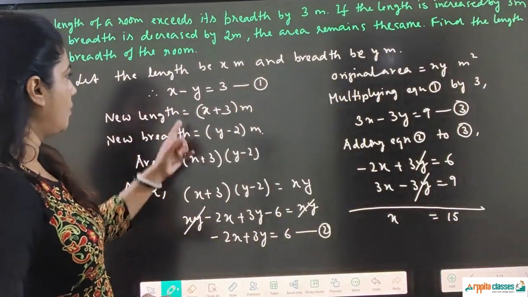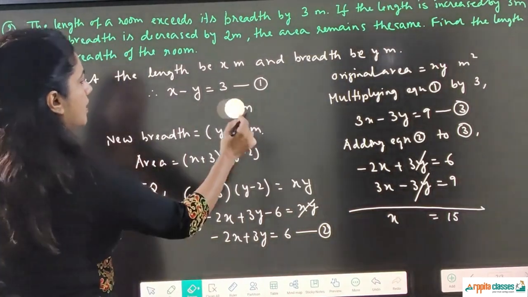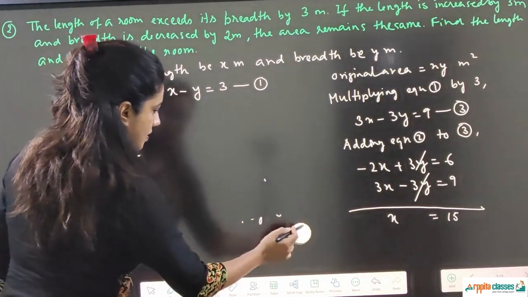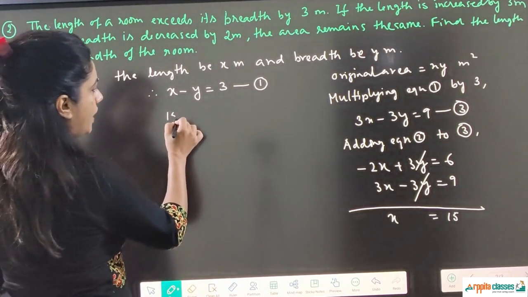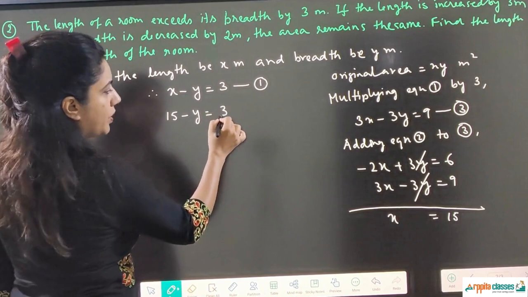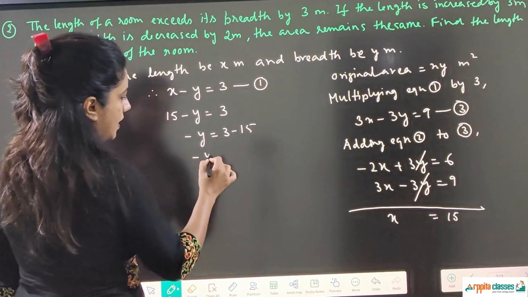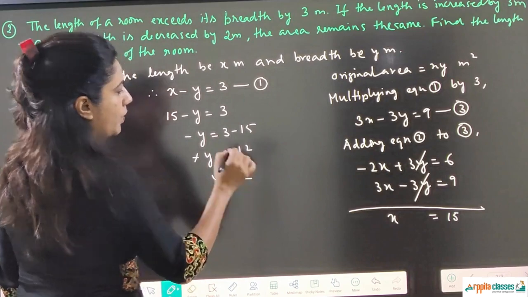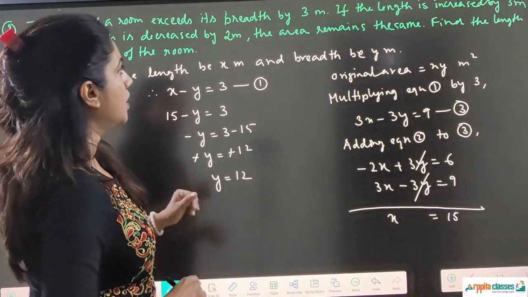So if x is equal to 15, I can put it in equation number 1. Okay. So 15 minus y is equal to 3. Minus y is 3 minus 15, that is minus 12, or y is equal to 12. So we got the length as 15 and the breadth as 12 meter.